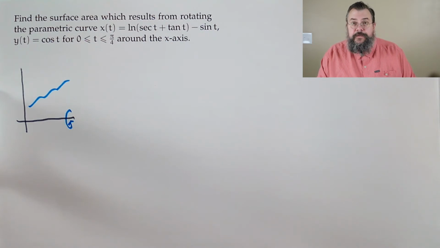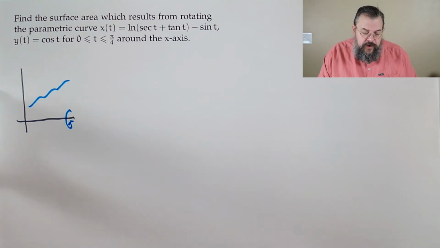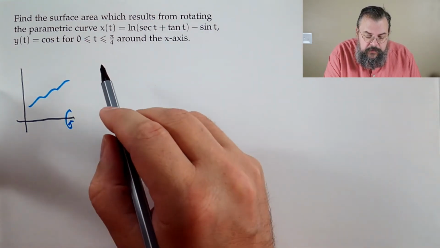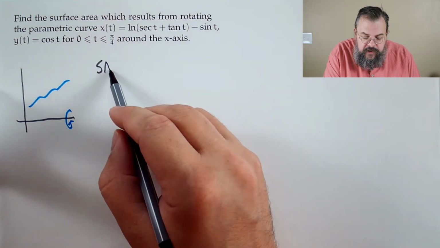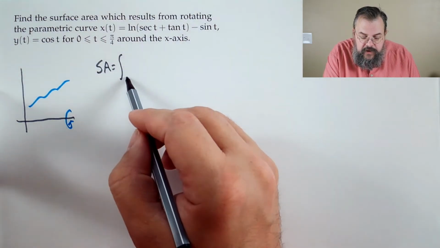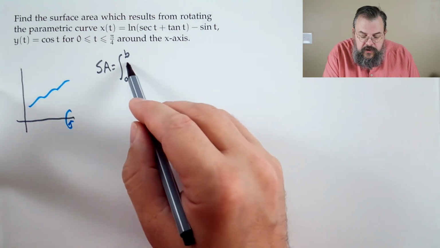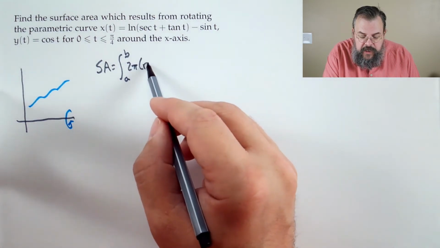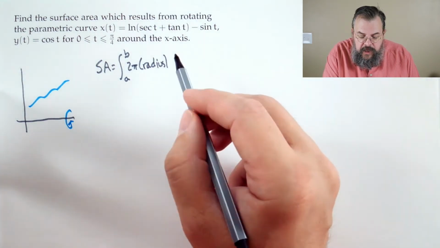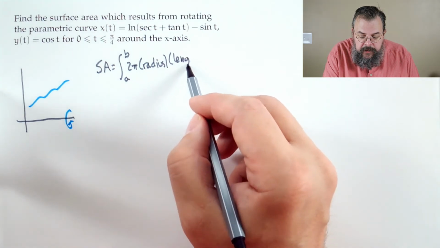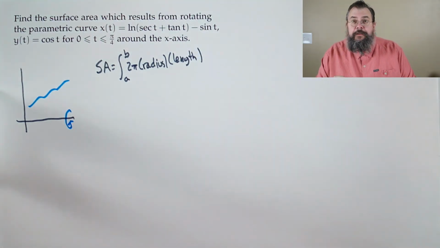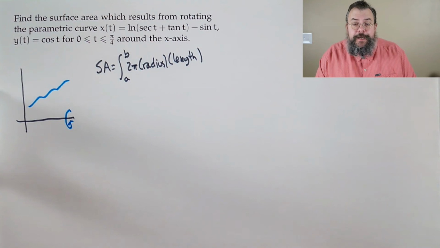Now, how does surface area work? Well, surface area has a very clean formula if you think about it in a very generic sense. You add up, start to finish, 2 pi, radius, and length. It's the same formula regardless of what setting we're in.